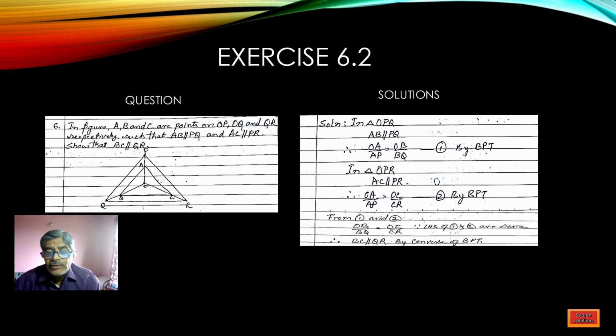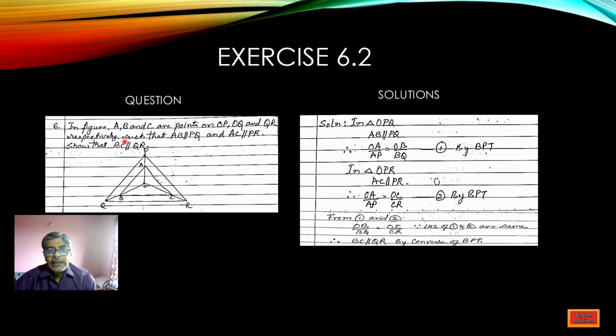In all these proof problems, all that we have to do is first locate the triangles where the sides are in proportion. So in this question, as per the given data, in triangle OPQ, AB is parallel to PQ, which is given. Therefore, AO by AP is equal to OB by BQ. We will call it as 1 by basic proportionality theorem.